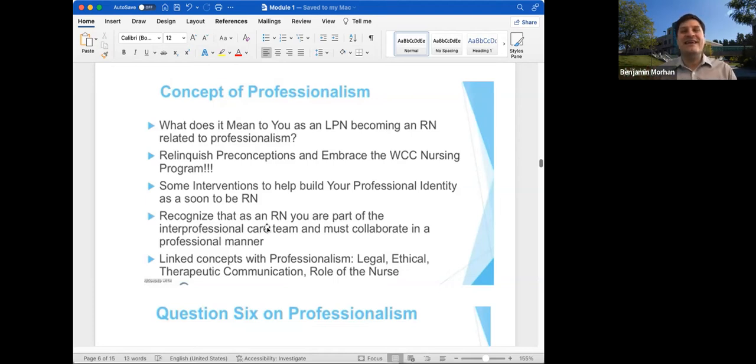Not really, because as an LPN, you are over the CNA and unassisted personnel. And then the RN is under the physician and over the LPN, and can delegate to the CNA as well. So again, it's a stepping stone.